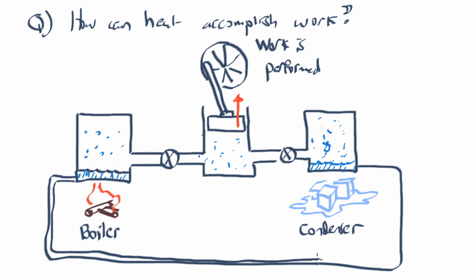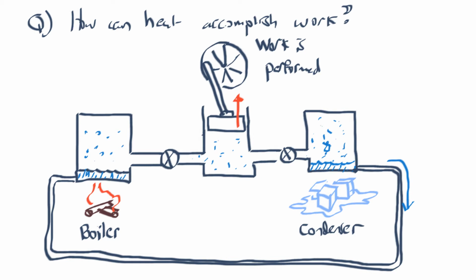You might even use some of the energy of the work done by the expanding piston in the middle to drive a pump that pumps this water back around in this direction, and then you repeat the cycle once again.